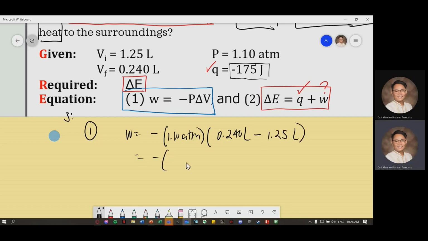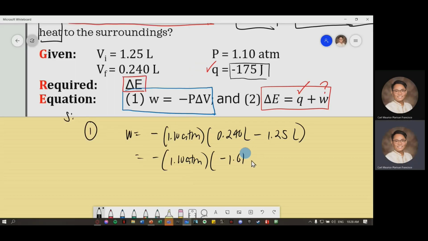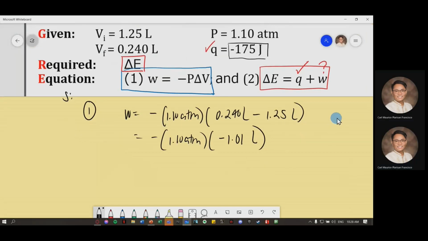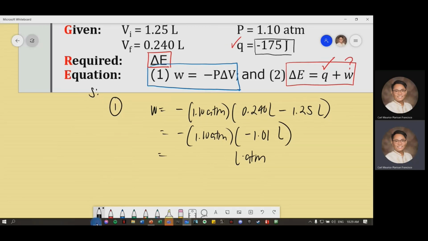Okay, so simplify again, 1.10 atmosphere, and 0.240 minus 1.25 is negative 1.01 liters. So V, final volume is 0.240 minus 1.25. Okay, so the resulting unit would be liter atmosphere.